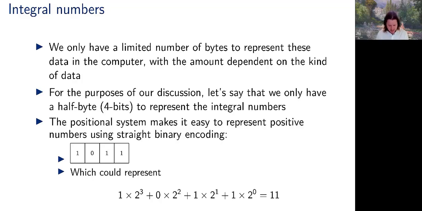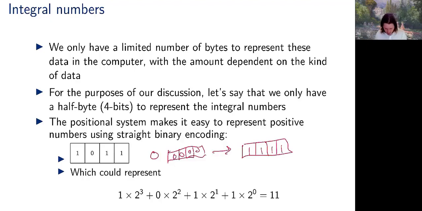If we consider the range of what 4 bits can represent, if we're considering this unsigned and storing only positive values, it would be 0, 0, 0, 0 up to 1, 1, 1, 1, which is going to be, I guess, 11 plus 4, in this case, 15.